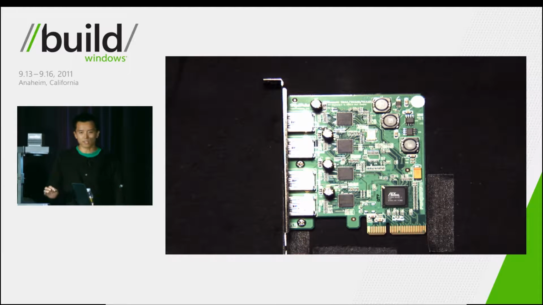And what makes it special is that it actually has 4 USB ports with a dedicated ASMedia controller for each port. And then in addition, there's actually a PCIe x4 express bus connecting the card to your computer. What that means is there's 20 gigabits of bandwidth available to this card with 5 gigabits available for each USB port. And that's a lot of bandwidth.